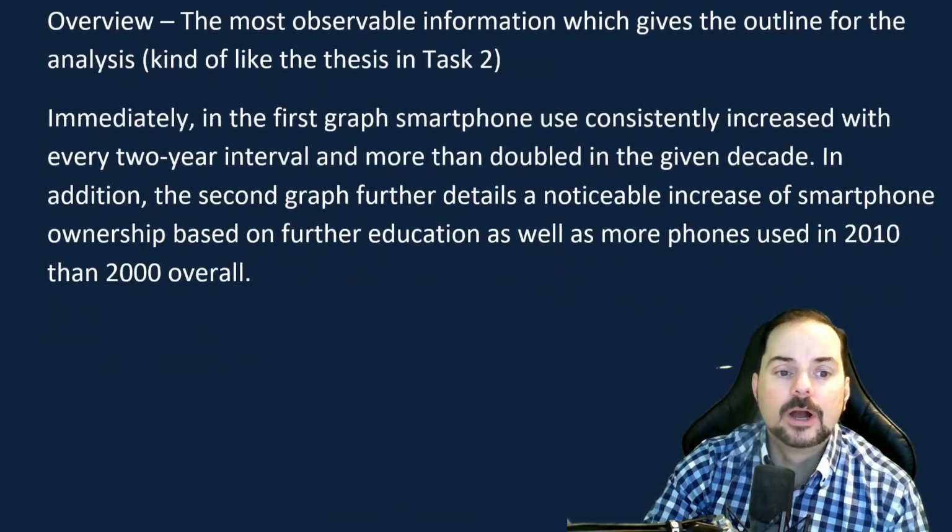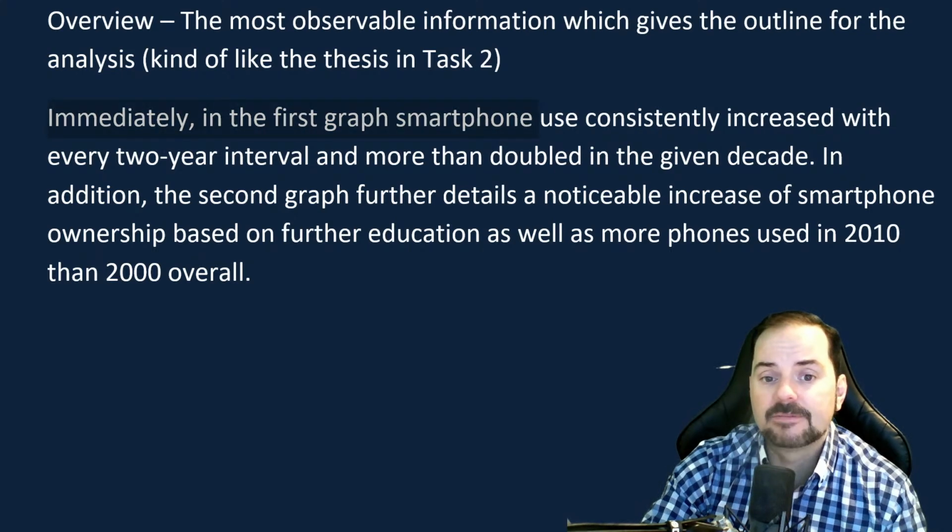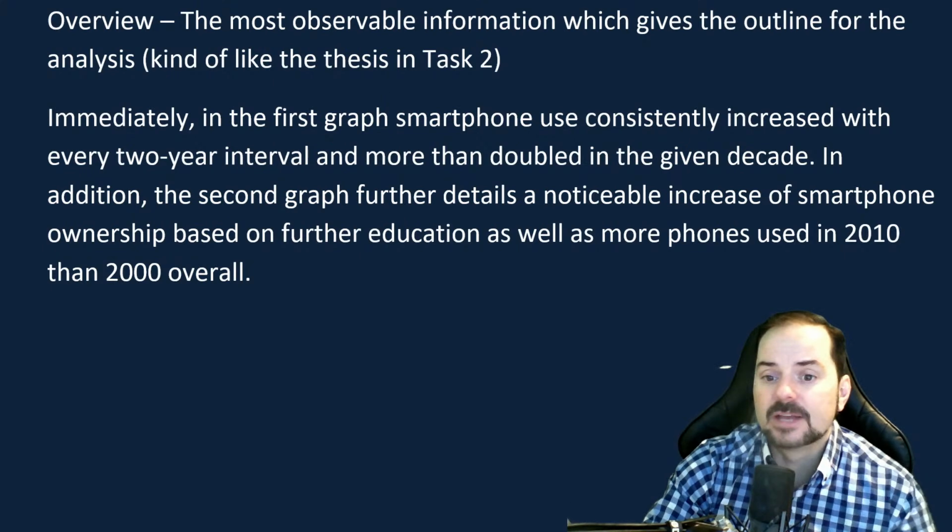Here we go. Always check your paragraphs after you've finished writing them. In the first graph, smartphone use consistently increased with every 2-year interval and more than doubled in the given decade. In addition, the second graph further details a noticeable increase of smartphone ownership based on further education, as well as more phones used in 2010 than 2000 overall.